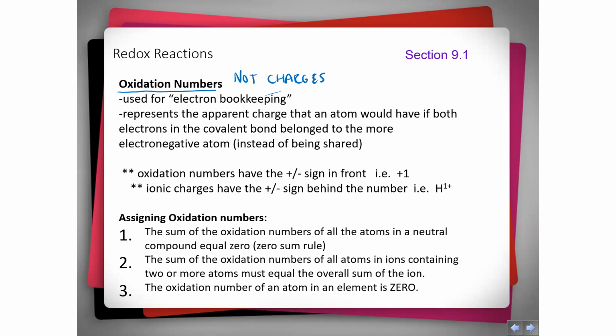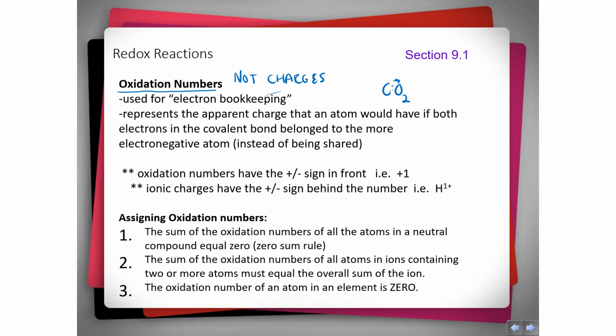They represent what charge the atom would have if both of the electrons in the covalent bond belonged to the more electronegative atom. So if you had, say, something like carbon dioxide, oxygen is a more electronegative atom, so the electrons that are being shared in here would tend to go towards the oxygen, even though they're not really on the oxygen.